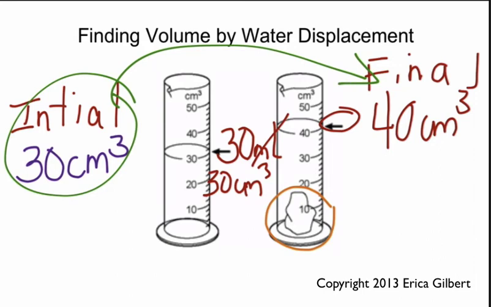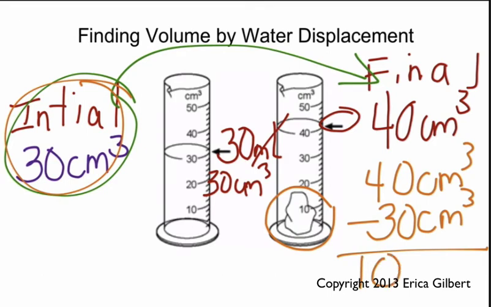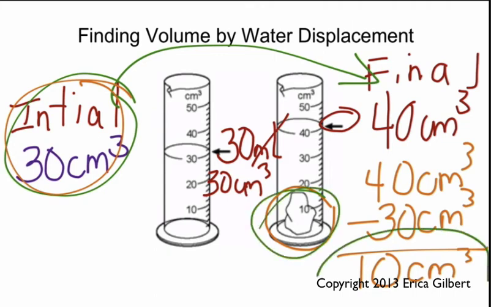So since our initial is 30 and our final is 40, we take 40 cubic centimeters and we'll subtract our initial, which is 30 cubic centimeters, and the difference of that is 10 cubic centimeters. So the volume of our rock would be 10 cubic centimeters.